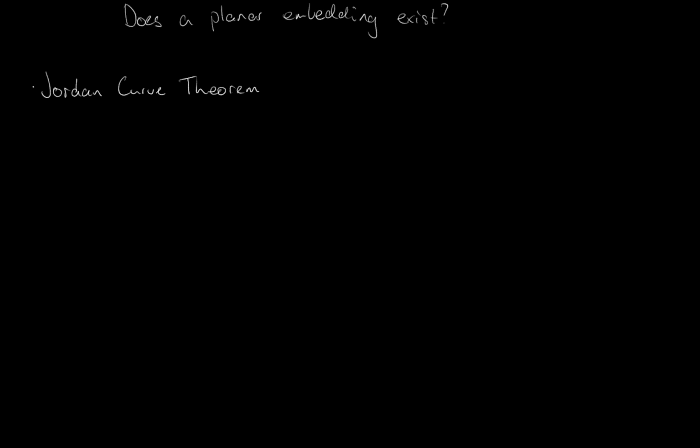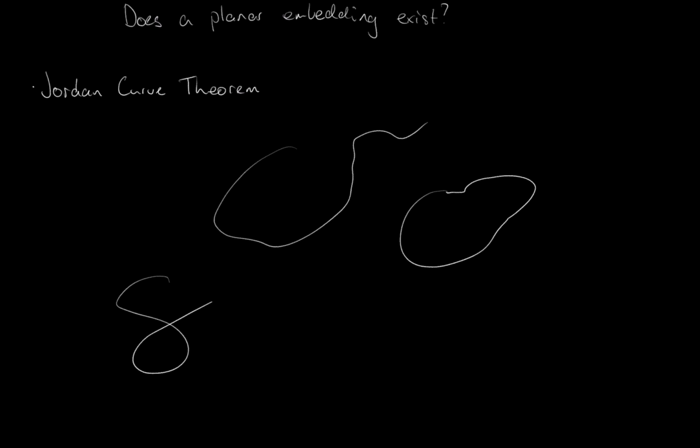A curve or a closed curve is simple if it does not intersect itself. So this is a simple curve. Now this is a simple closed curve. But this is not simple because it intersects itself at that point.